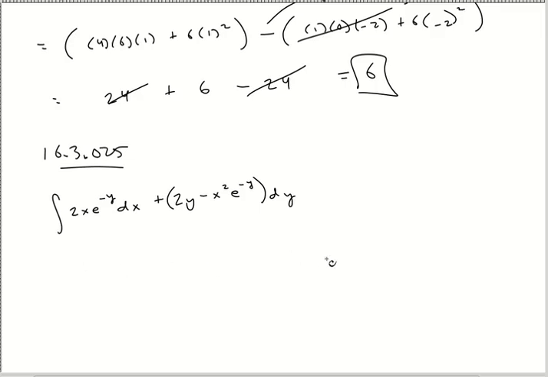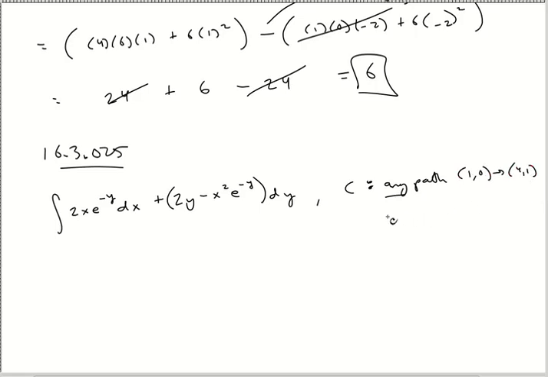Now, this is just kind of weird looking. We're going to, of course, talk about it here in a second. They say C is any path from 1, 0 to 4, 1.